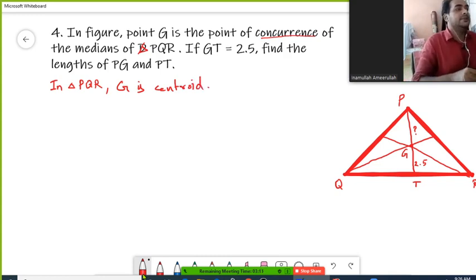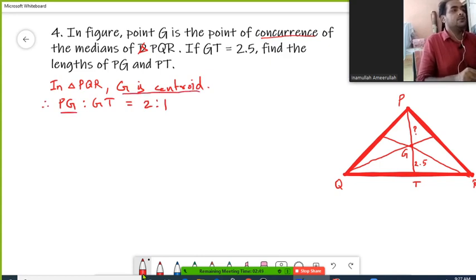And if G is the centroid, so we can say PG is to GT is equal to 2:1. That is the reason. G is the centroid, that's why PG and GT are in the ratio of 2:1.